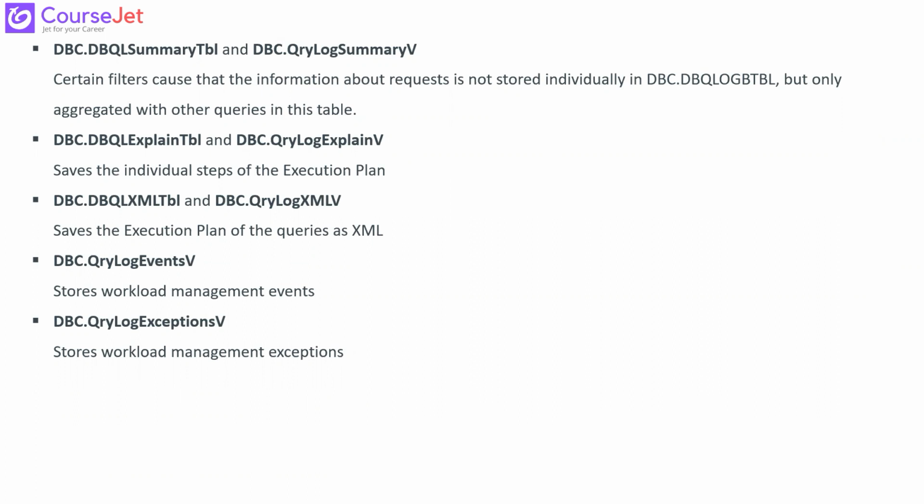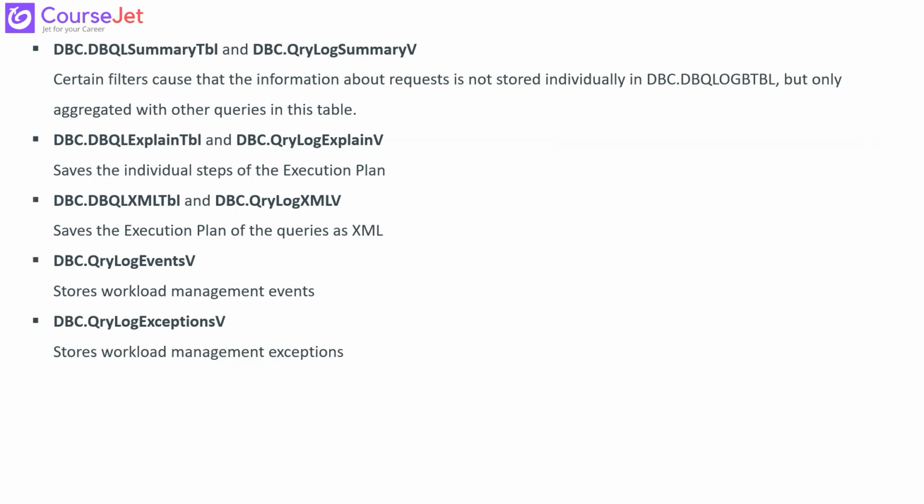And we have other tables like this DBQL summary table. The summary tables will not have very detailed level values; they will have the aggregated summary values. And this explain table will contain the explain, the execution plan. And this DBQL XML will give you the execution plan in the XML format.